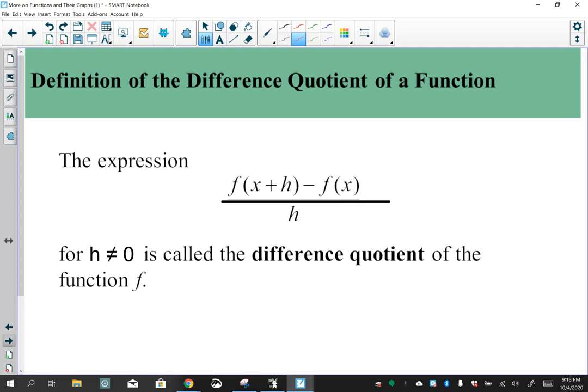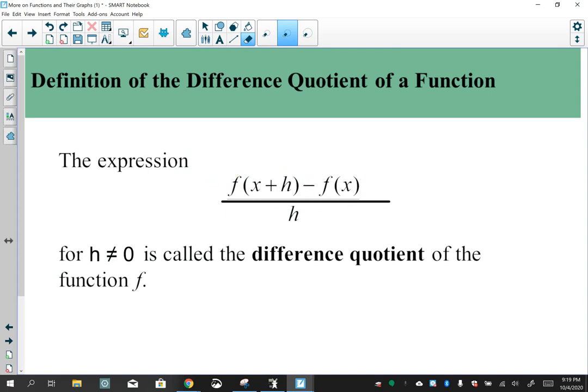So we're going to take these functions that they give us and simplify them using the difference quotient. Your difference quotient looks like this: f of x plus h minus the actual function itself, all over h.